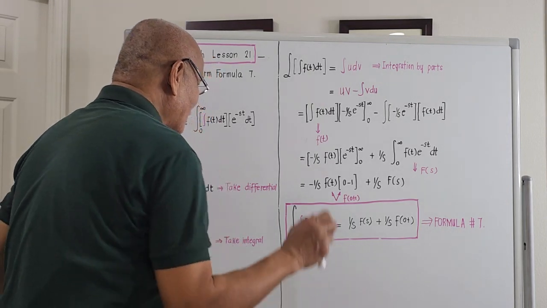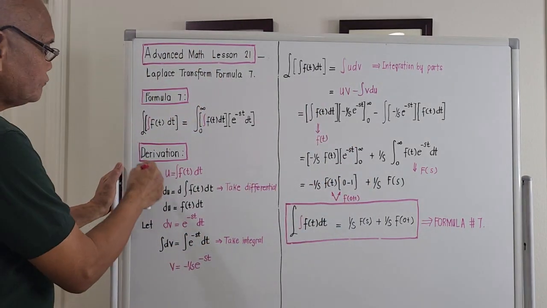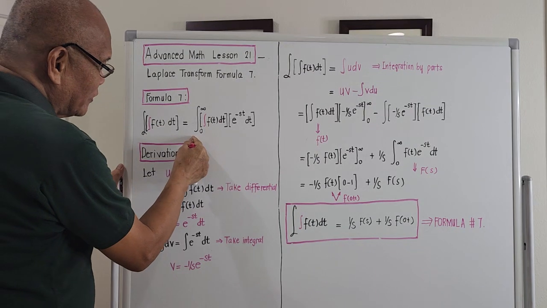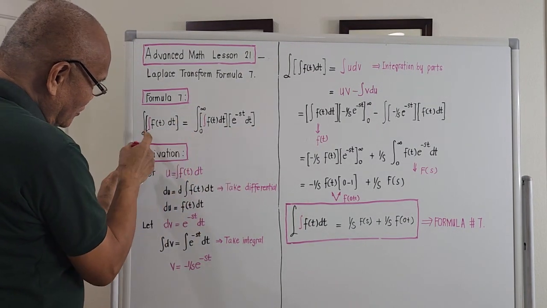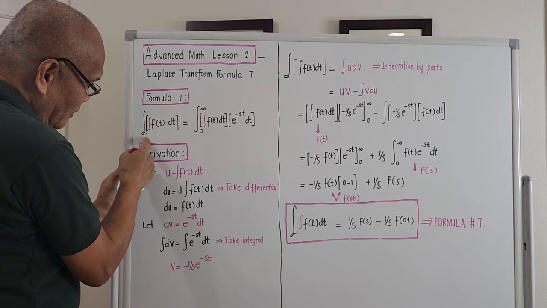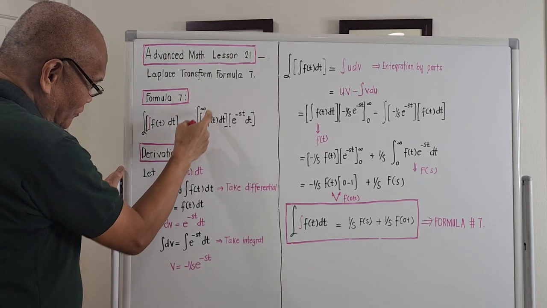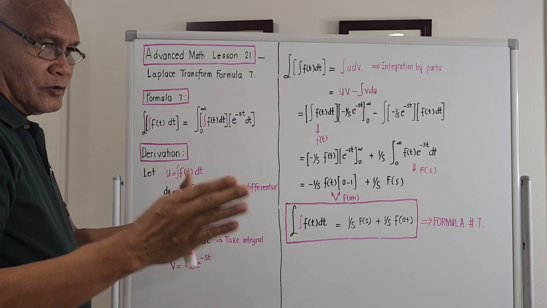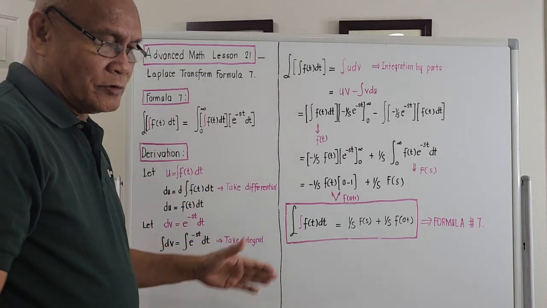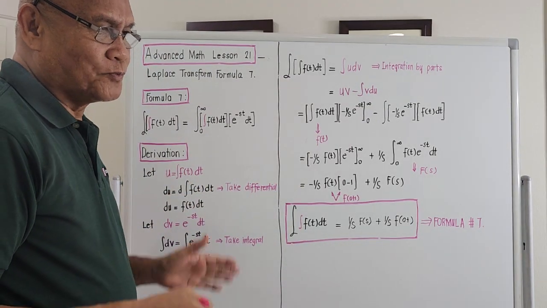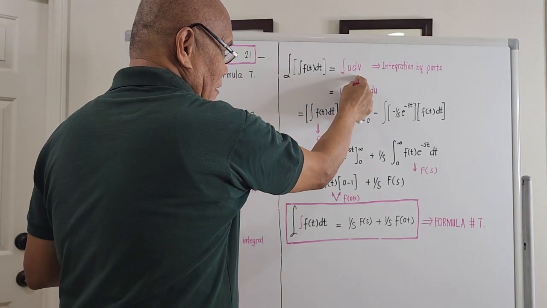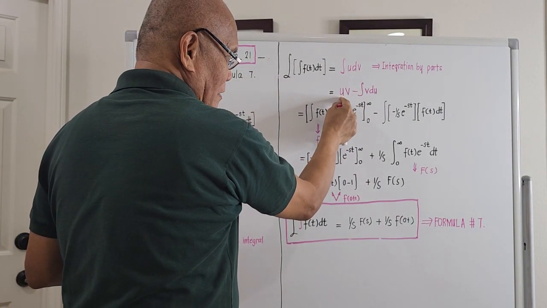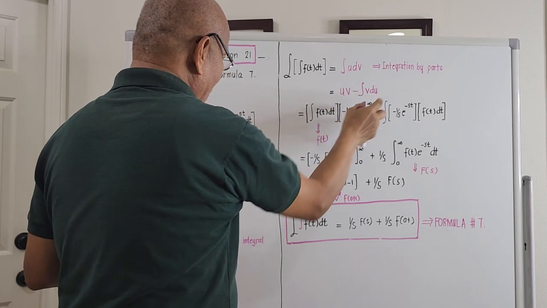Okay, let's proceed with the derivation. If we are to integrate the right-hand side, this integral sign is the Laplace sign, with the limit from 0 to infinity. Using our knowledge of integration, the solution falls under the integral of u dv, which is equal to uv minus the integral of v du.